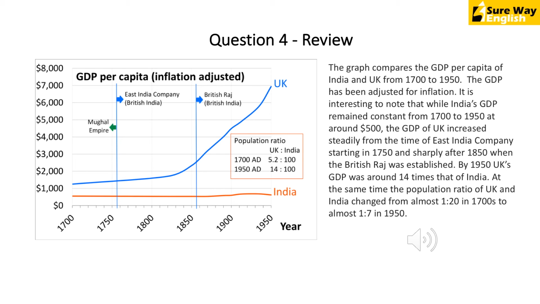So, in the first part, the Mughal Empire, they both had steady GDPs. It's after the East India Company that the British, the UK GDP started increasing, and then as soon as the British Raj was established, it rose sharply. So just from 2,500, it increased to 7,000 by 1950.